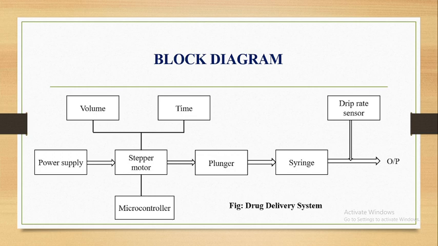It will control that. Then the plunger and the syringe. These are all the components in this drug delivery device, and the drip rate sensor senses the drip rate, and output will be given.